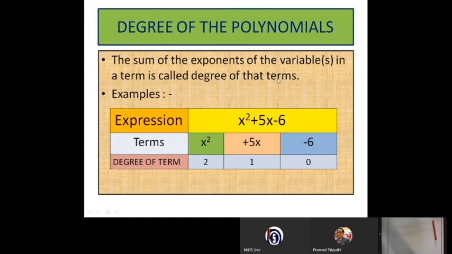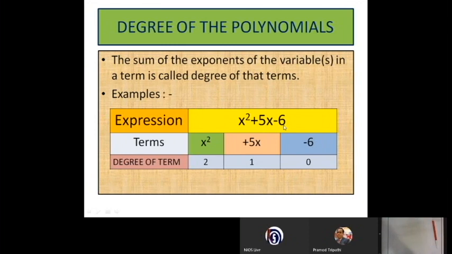Now in the expression we have taken here, x square plus 5x minus 6, there are three terms. X square is the first term, the second term is 5x, and the last, third term is minus 6.